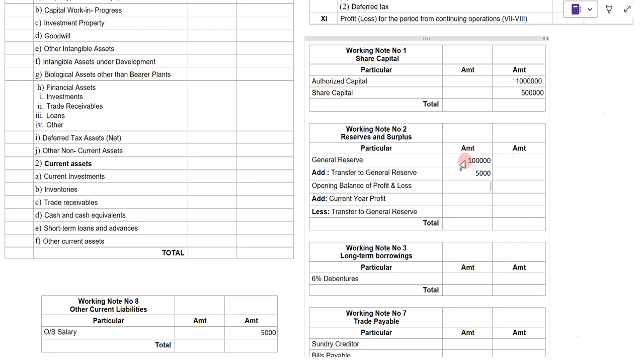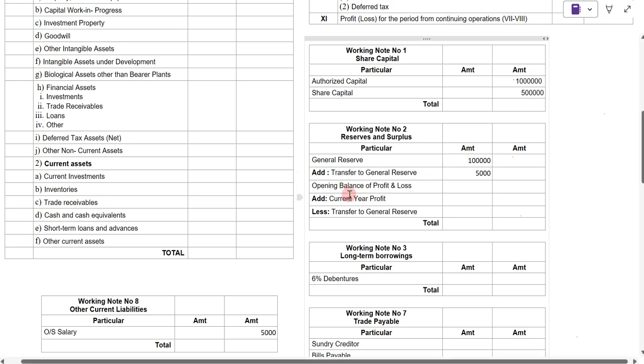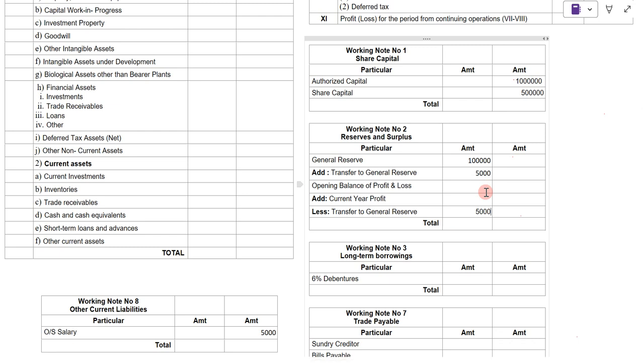Okay, first effect. The second effect: from the opening balance, that is last year balance, less transfer to reserve 5,000. Both effects of the transfer will be in note number 2 only. First we add in reserve, and second we have to less in the current year profit and last year profit.